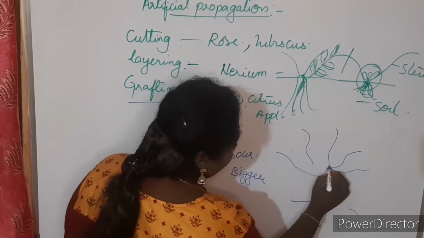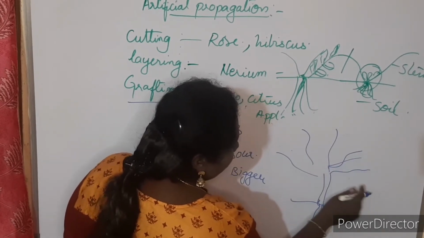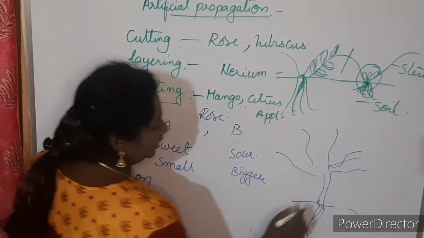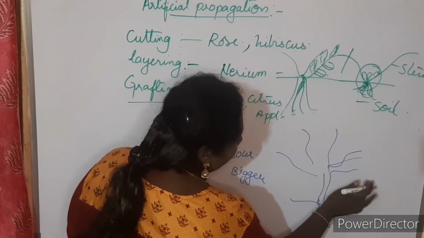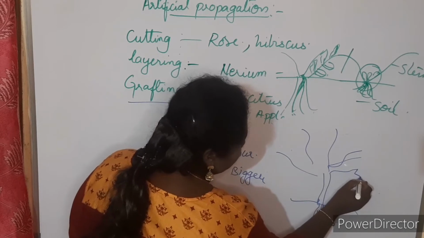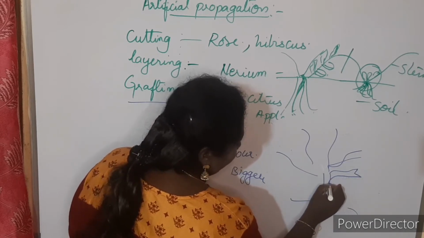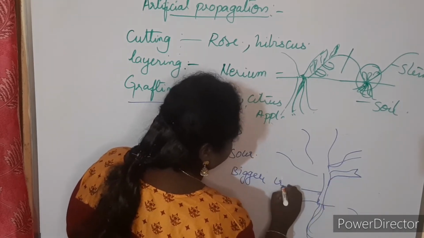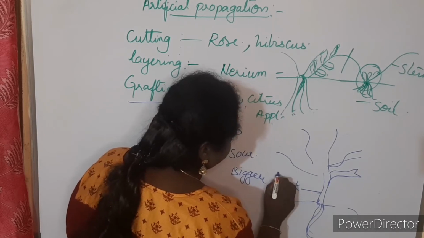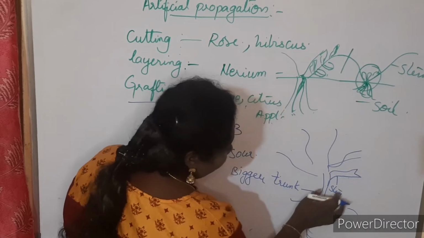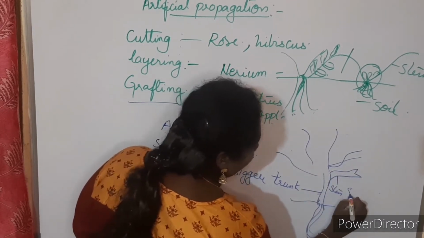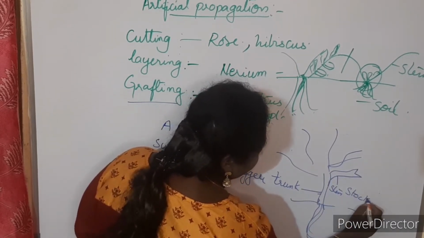For this stem part, we are doing grafting. Here the stem is which is here. This part we have to cut into a V shape. This is the stem, you think, and this is the trunk. The stem which is cut into a V shape is called the stalk.